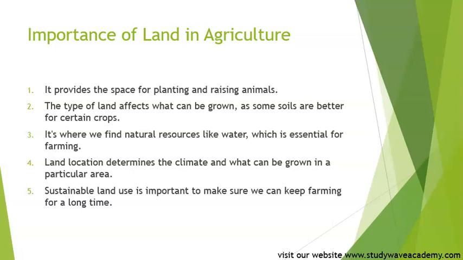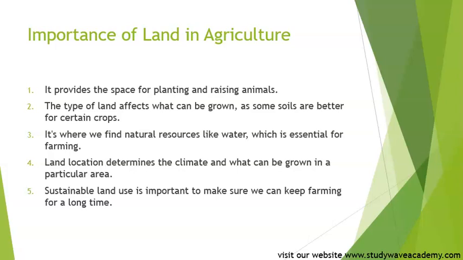We now know the importance of land in agriculture, right? Good. So today's lesson on factors of agricultural production, we understood it, right? We talked about the meaning of production, that is about growing crops and raising of animals for food, clothes, and other things we need.